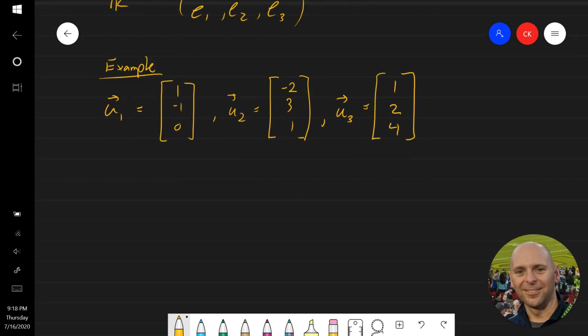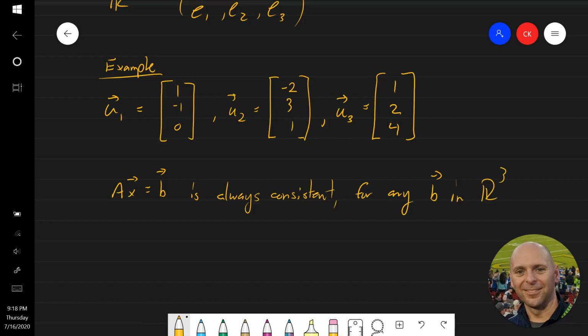So what that means is that AX equals any vector B, and that is always consistent for any B in R3. We've worked with this kind of stuff before a little bit.